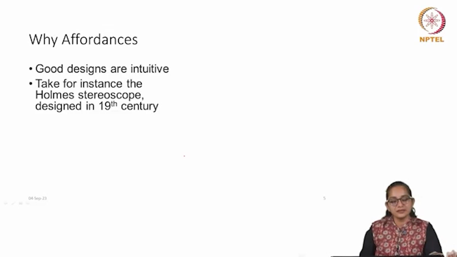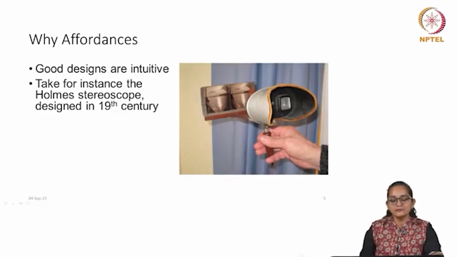So, let us again take an example. If we look at this image, what do you think this is? This is an image of a stereoscope designed in the 19th century. None of us might have actually seen this product in reality, but if you are handed this product today, will you be able to understand how to use it?